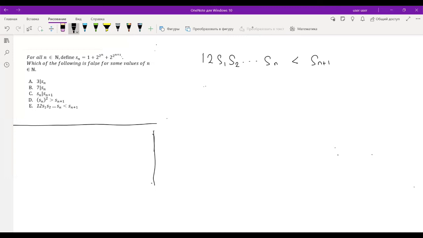So first of all, let's just find the first 3 values of Sn. S1 is 1 plus 2 squared plus 2 raised to the power 4. That is 21. Then S2 is 1 plus 2 raised to the power 4 plus 2 raised to the power 8. That is 273. And S3 is 1 plus 2 raised to the power 8 plus 2 raised to the power 16.